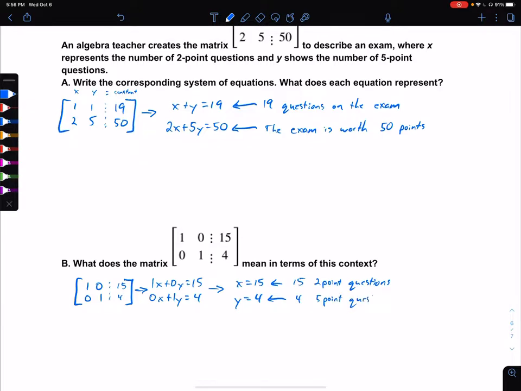If I wanted to check that, I could plug it back into the original equations, and everything should check out. This is a total of 30 points, this is a total of 20 points, and that does give me my 50-point exam. So that checks out.